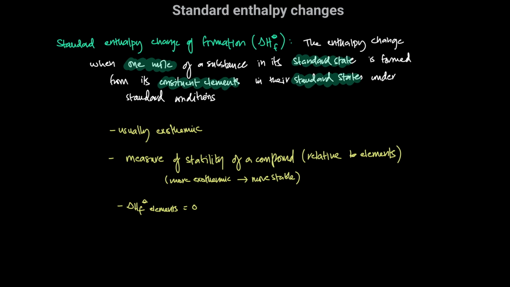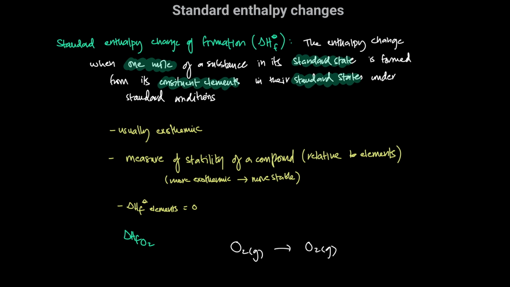For example, for the enthalpy change of formation of oxygen gas, we would be forming 1 mole of oxygen gas from 1 mole of oxygen gas. That is not a reaction at all, it's just the same thing, so the enthalpy change for this process is just 0.